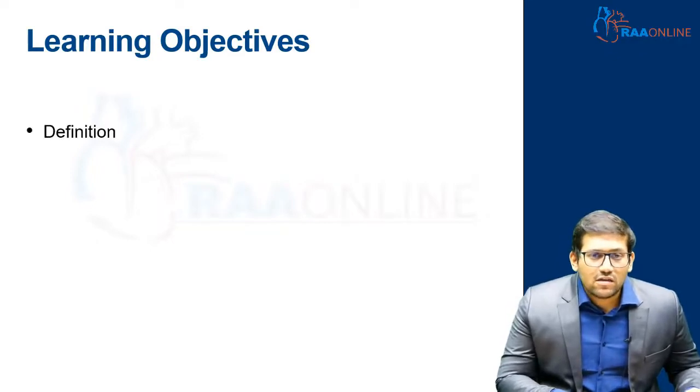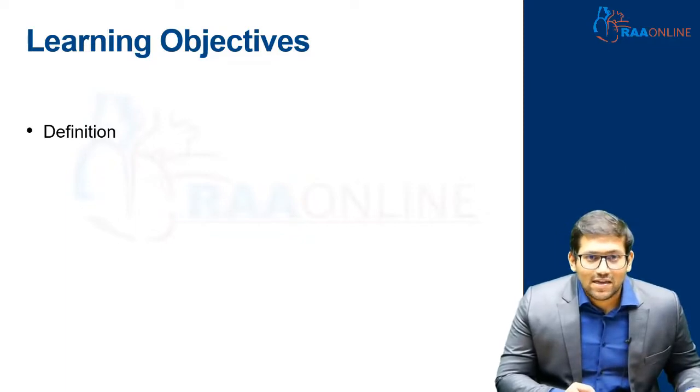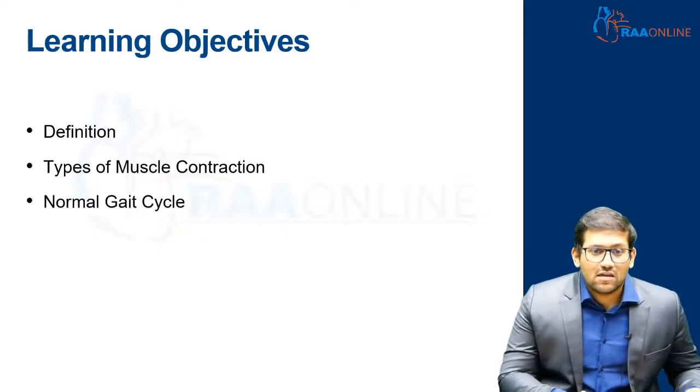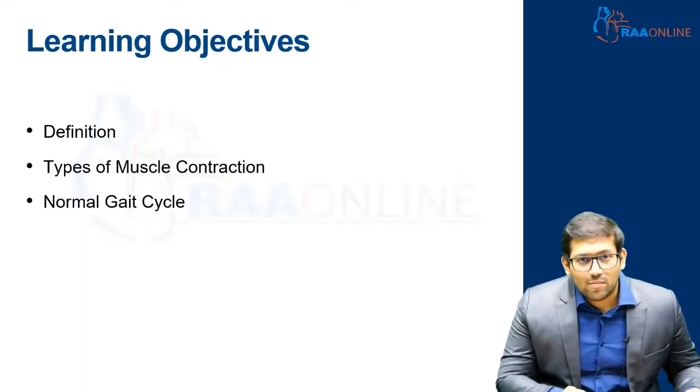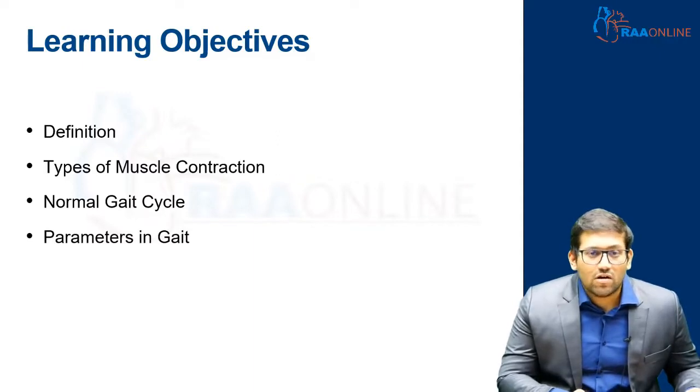Definition. Definition is of prime importance whenever we do a class on any subject or any topic, in order to understand in detail what it really means and what it really defines. The other objectives of today's class are types of muscle contraction, a normal gait cycle in order to know the difference between normal and abnormal, the parameters in gait to assess and to know what is necessarily required to go forward during gait analysis.